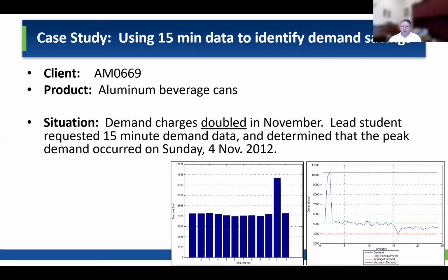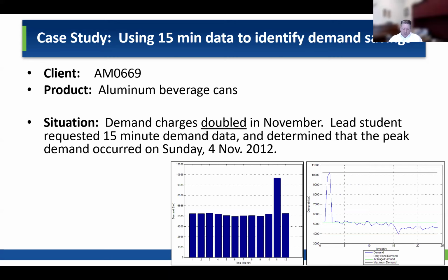Another example of this was an aluminum beverage can manufacturer. In looking at their utility bills, in particular, their demand doubled in November. And our lead student requested the 15-minute demand data and determined that this peak demand occurred on a Sunday in the early morning hours.